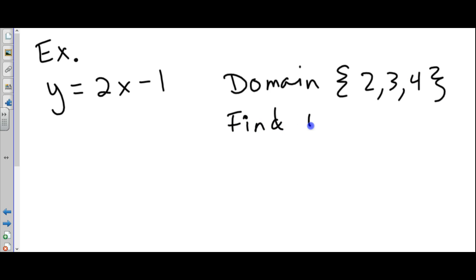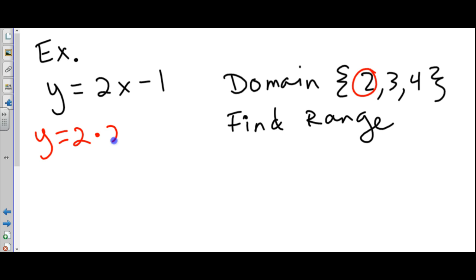All this is asking you to do is to plug these numbers in. Starting with 2, you have to do it one at a time. So if we start at 2, we get y equals 2 times 2 minus 1. 2 times 2 is 4. Minus 1 is 3.